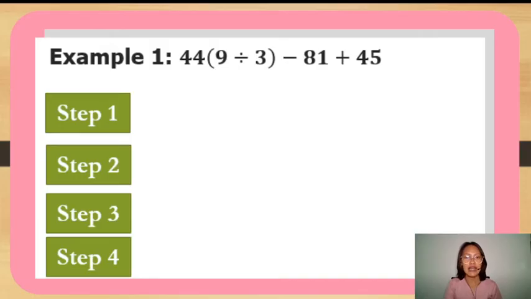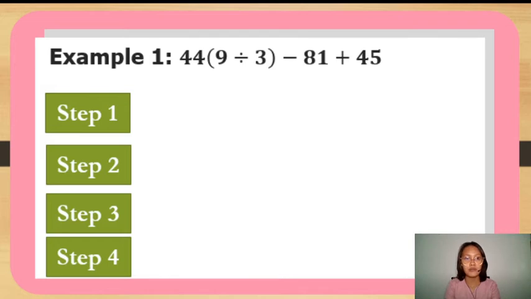So, let's have an example para mas lalo natin itong maintindihan. Let's say I have 44 times the quantity of 9 divided by 3 minus 81 plus 45. So, kapag ganito po yung equation natin, kung mapapansin ninyo, 44 and parentheses, wala po silang operation in between. Kapag ganyan po ang ating equation, meaning po nun, multiplication po ang ating magiging operation.